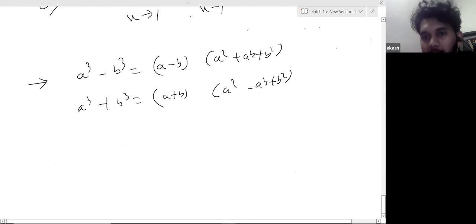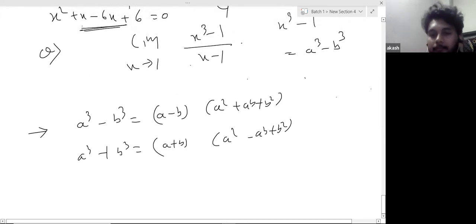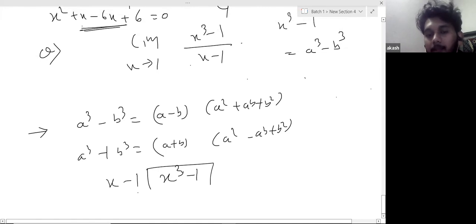Now you can factorize that. Or suppose you forgot the formula in the examination, so what should you do? You can divide by x minus 1, because x and 1 are the two factors here.